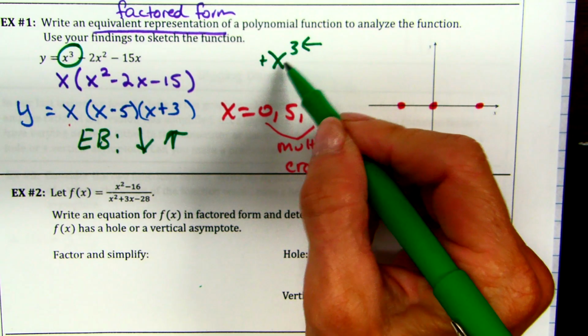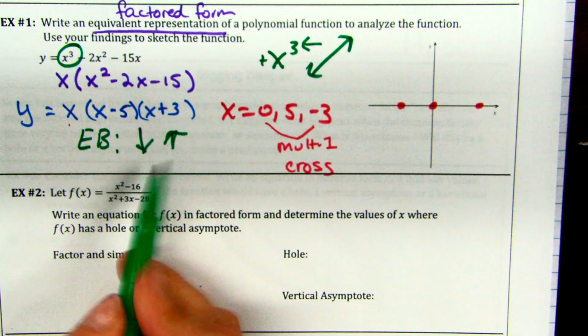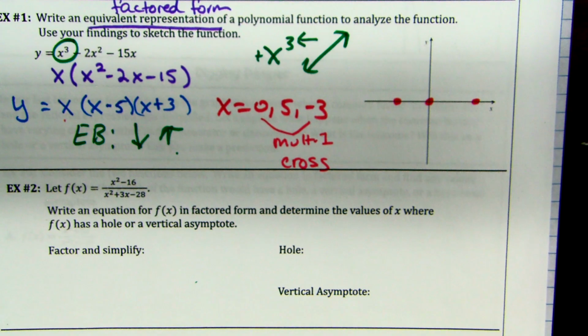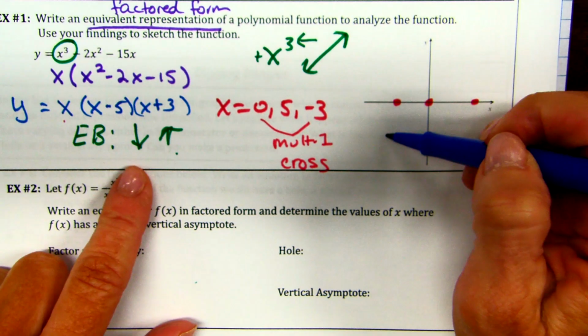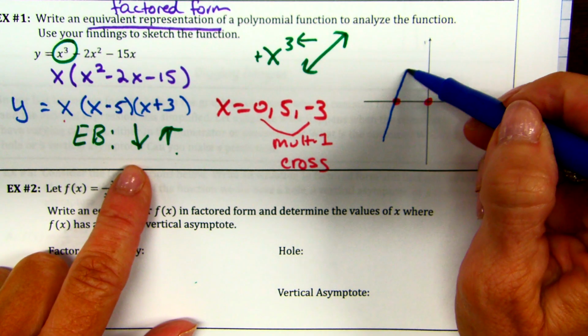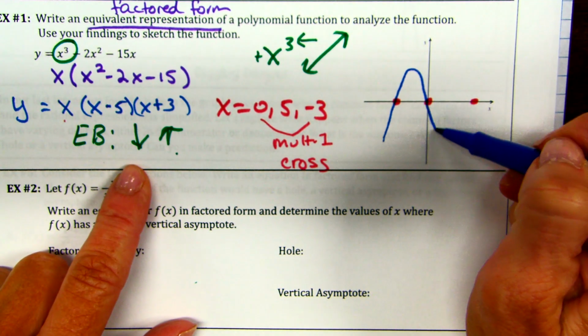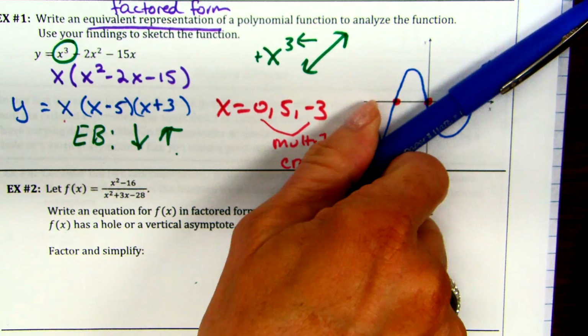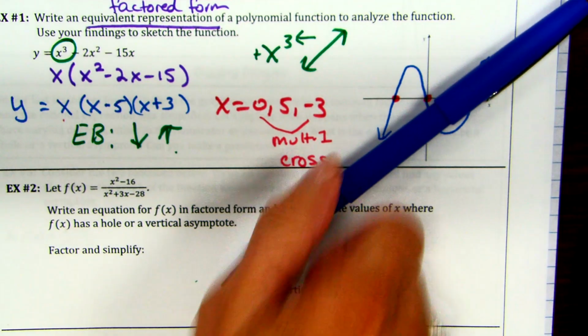So a positive x to the first power would look like this. So the end behavior on our graph will do the same thing. This is a sketch. We don't care where we turn around, so that doesn't really matter. We start down, we cross, turn wherever you want to turn, cross, turn wherever you want to turn, and cross, and there's my end behavior going like that.